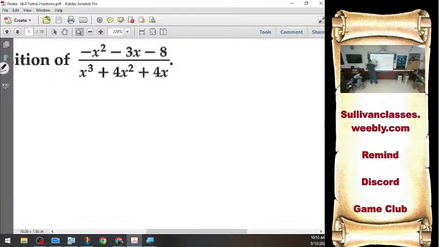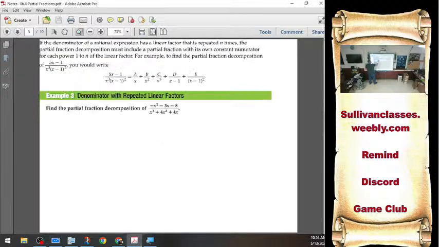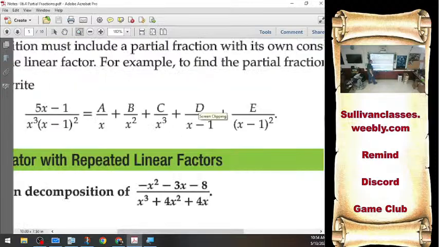We'll get x squared plus 4x plus 4. It's a perfect square trinomial, so it can be written as x times a quantity x plus 2 squared. The fact that it's squared is what's important, because sometimes you get a repeated factor.